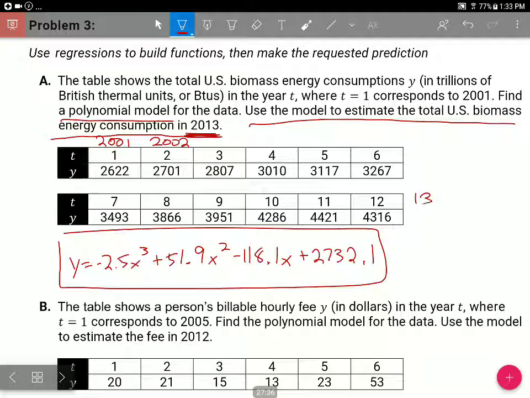So plug in a 13. Somebody please take a calculator. Do negative 2.5 times 13 cubed plus 51.9 times 13 squared minus 118.1 times 13 plus 2732.1. Just plug in 13 and find f of 13. If we get two people getting the same number, we'll say it's right.